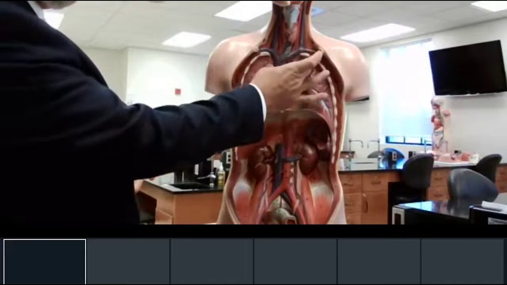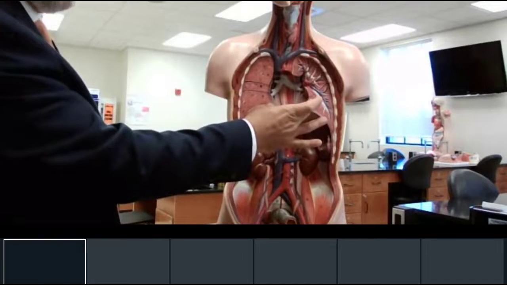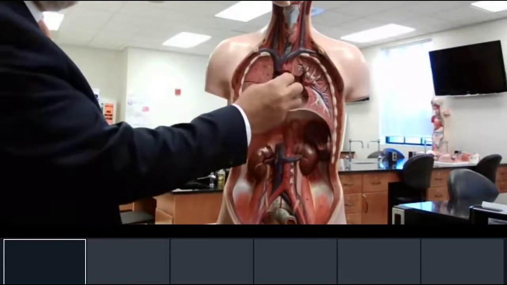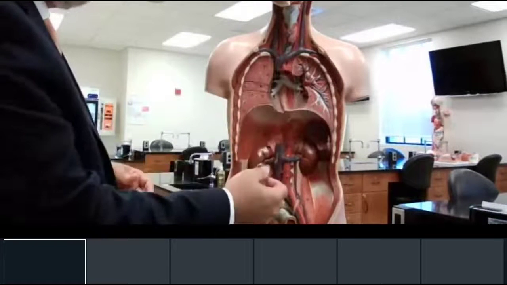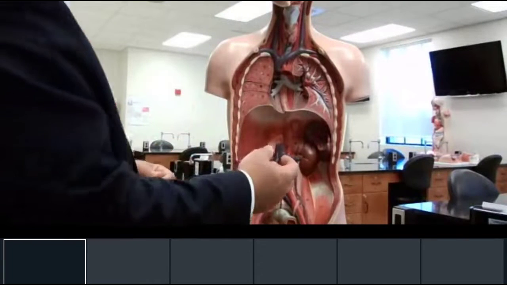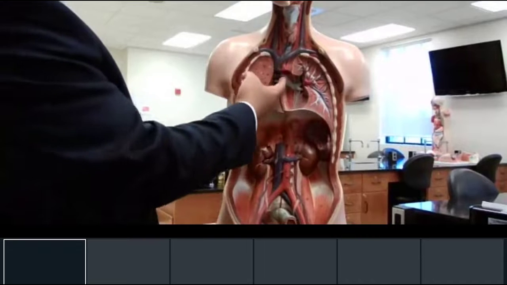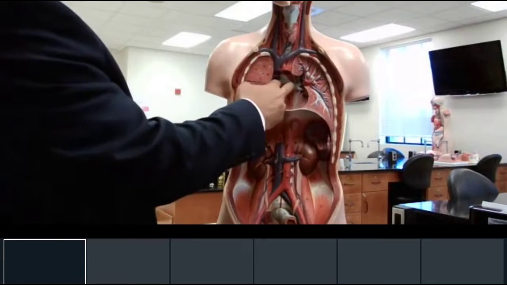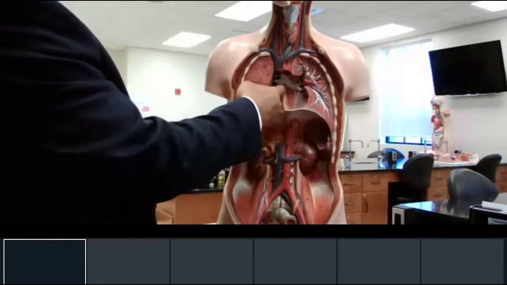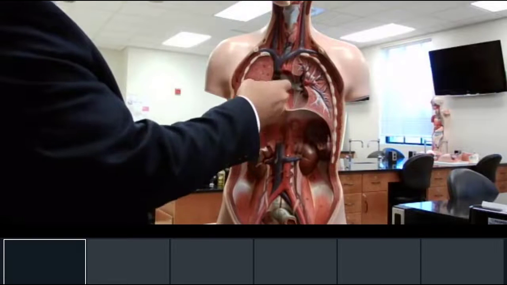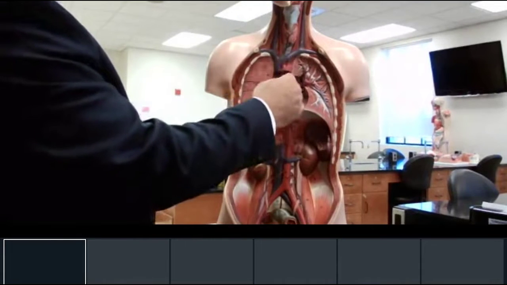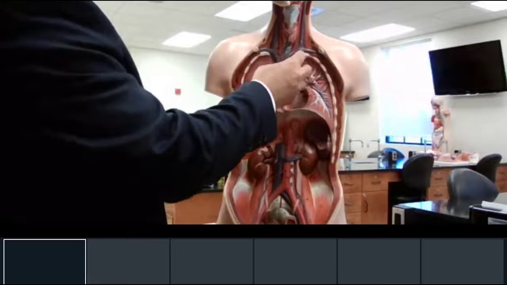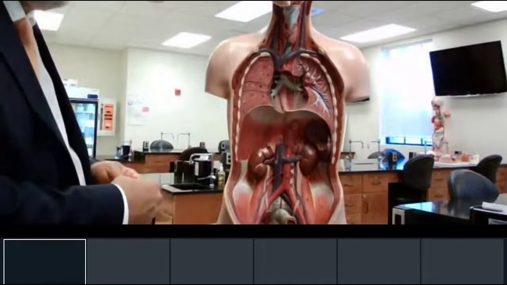And we said that the central compartment of the chest is called the mediastinum. And in there we have the heart, we have the thymus gland, we have the great vessels of the heart, we have the trachea, the immediate branches of the trachea, the esophagus, and then some nerves like the cardiac nerves, phrenic nerves, and also the vagus nerves.